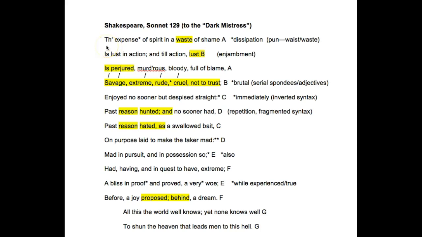You can see he has collapsed these words so that he could make this a pentameter line. Right, the expense, that's one syllable there, and so there's a show of control in the formal presentation, which is not mirrored in what he's saying within the poem.